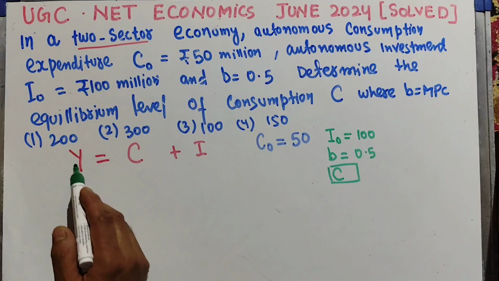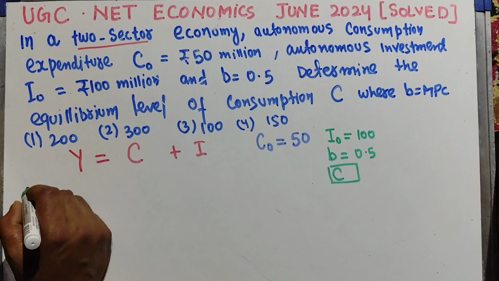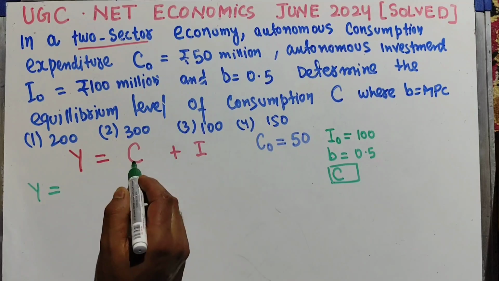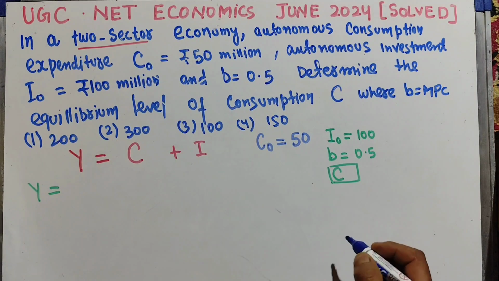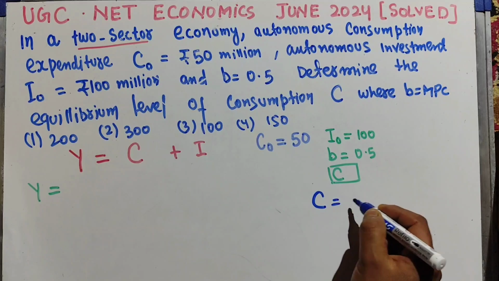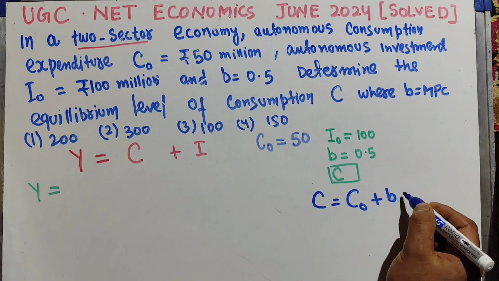Our total income should be equal to total expenditure at equilibrium. So Y will be equal to... what is the consumption function? Consumption is equal to C0 plus B times Y.